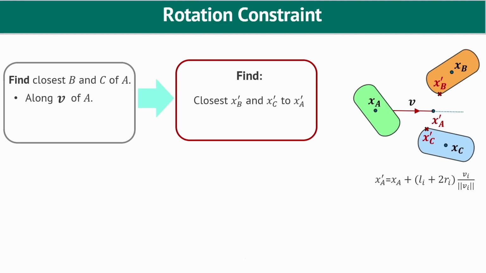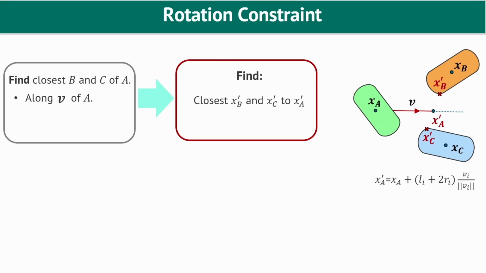If this were a circle, it would be very easy, as we could consider only the center points. But in the case of a capsule, the collision could be at any point like this, so we need to find the closest point that is likely to make contact.